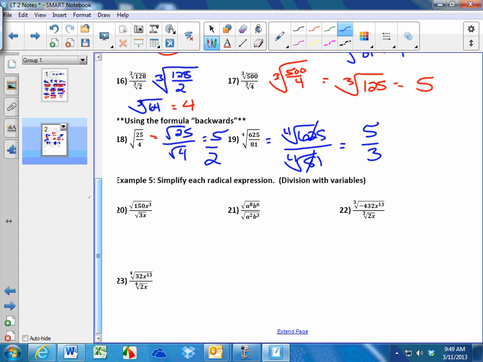Number 20, with you, because now we have variables involved. But it's no different than when you reduce monomials in the last two units. The first step is just to see that the fraction would reduce. So do you see the 150 and the 3?